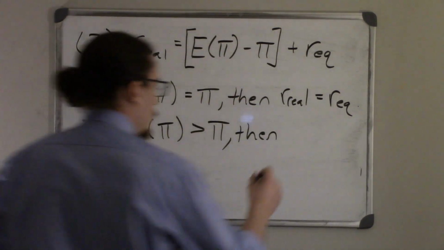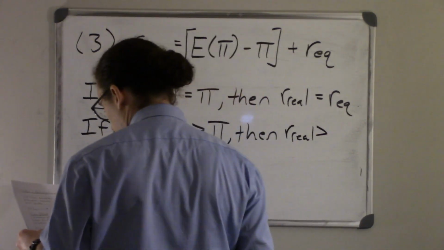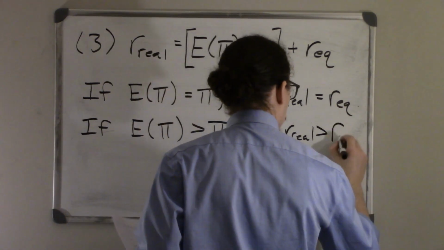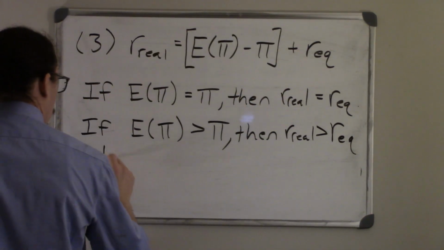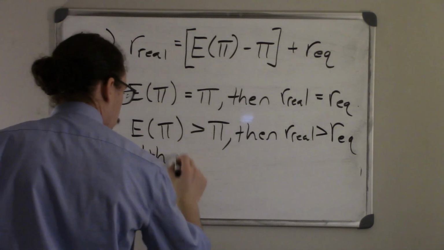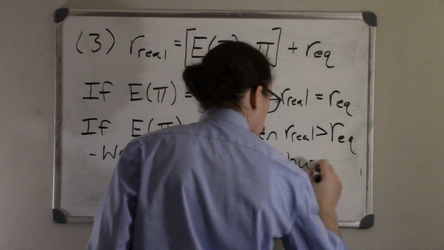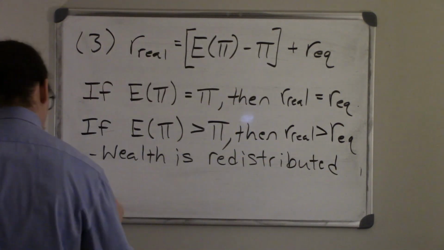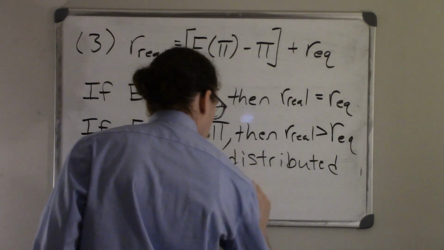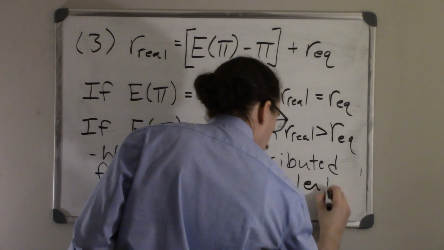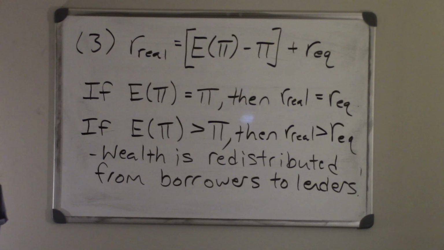Because the equilibrium rate had something added to it. So in this case, the real rate is greater than the equilibrium rate. Right? And wealth is redistributed from borrowers to lenders.